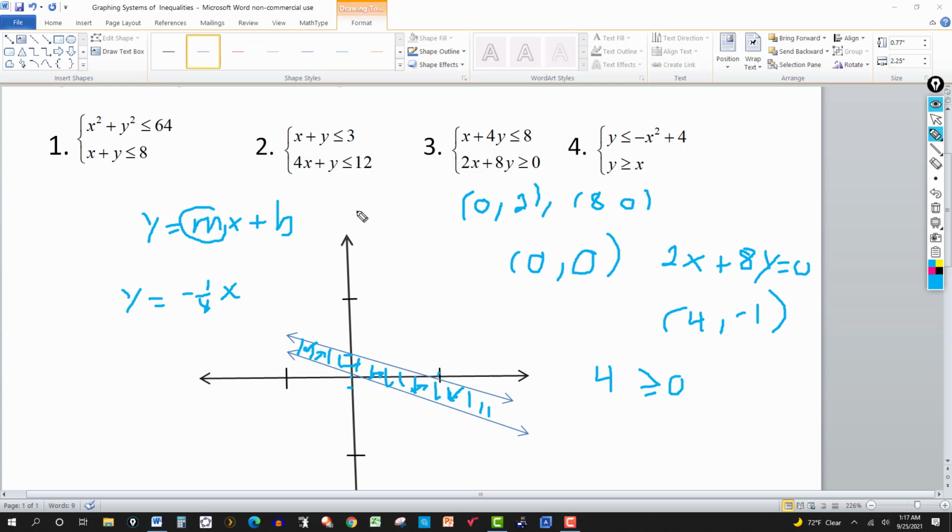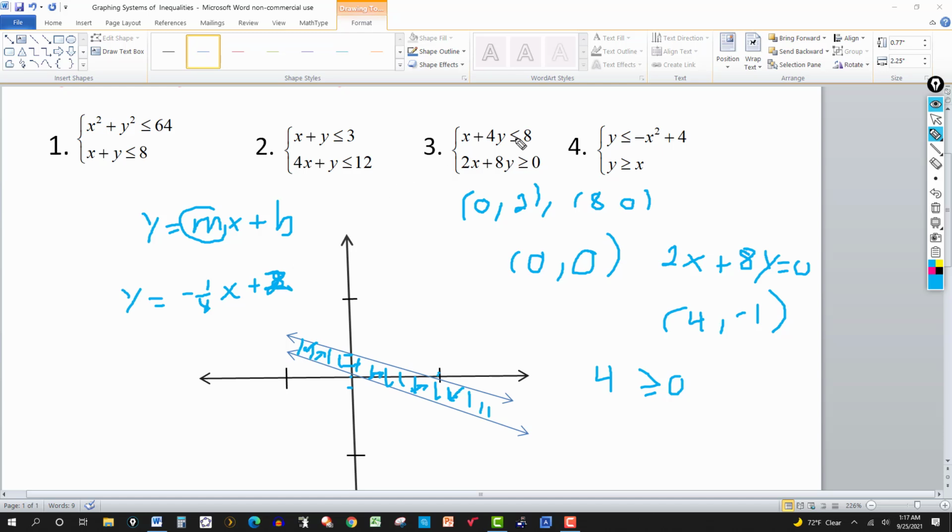And of course it has the plus 8 over here. That's the boundary. And of course, because I divided by 4, this is actually 2 here. Okay, that's actually going to be 2.